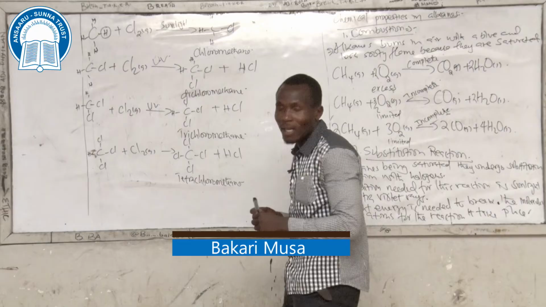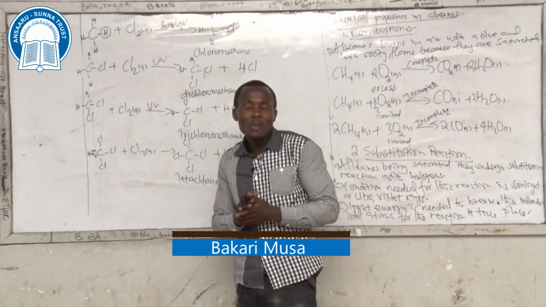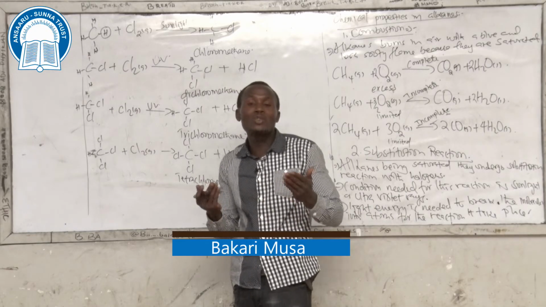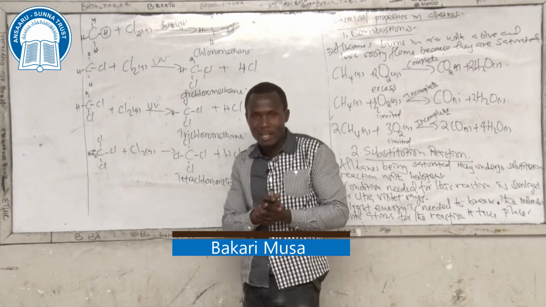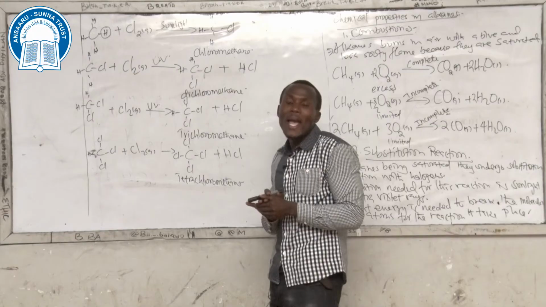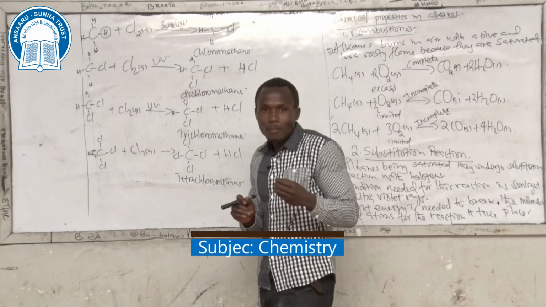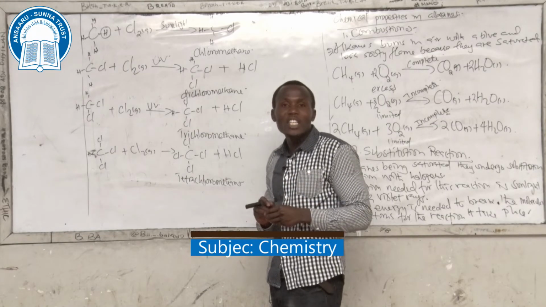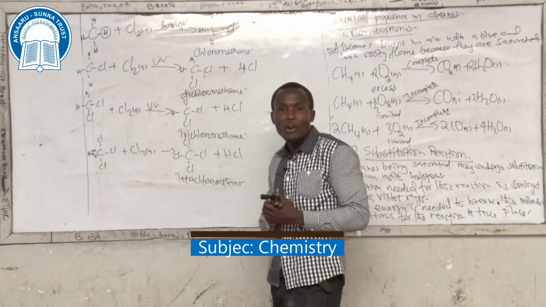Sometimes in a question, you can be given the mole ratio at which the reactions are taking place, whereby you are told to write an equation of the reaction when methane is reacting with 2 moles of chlorine gas.